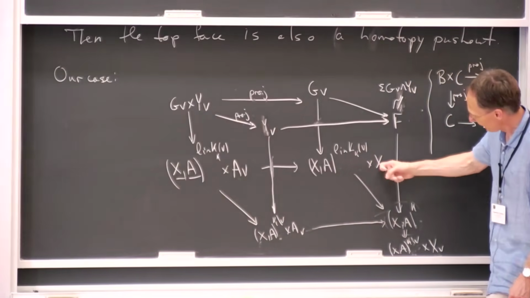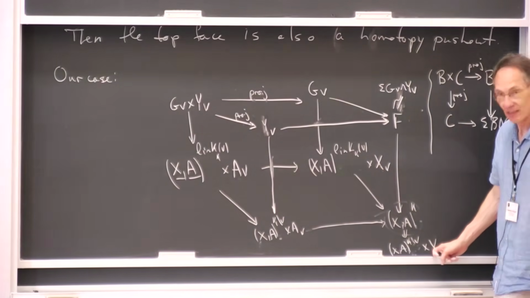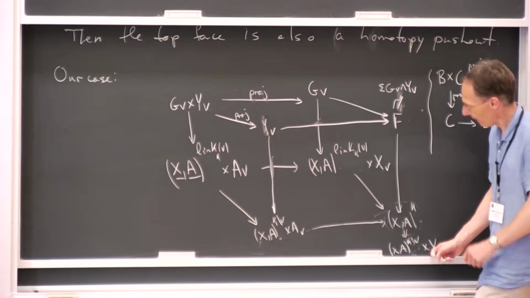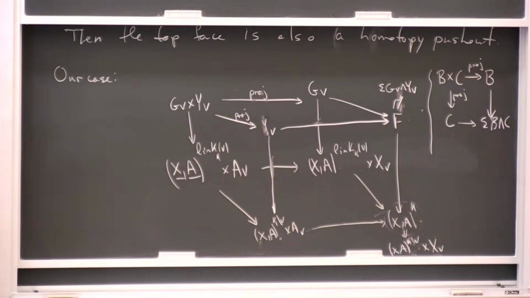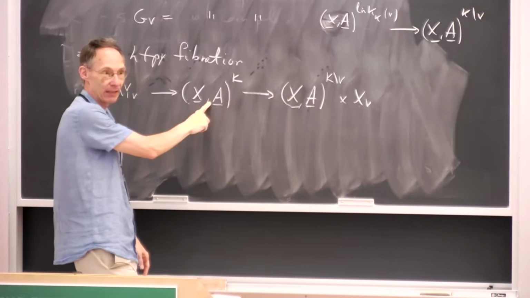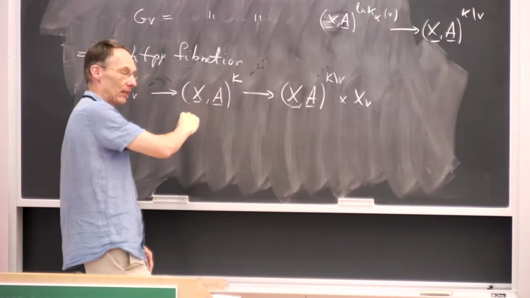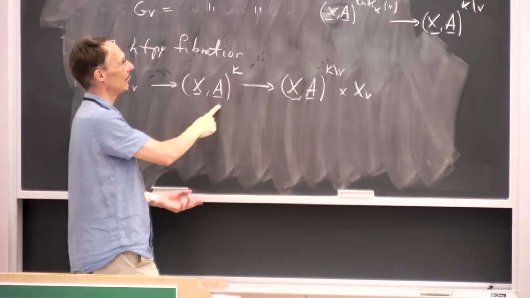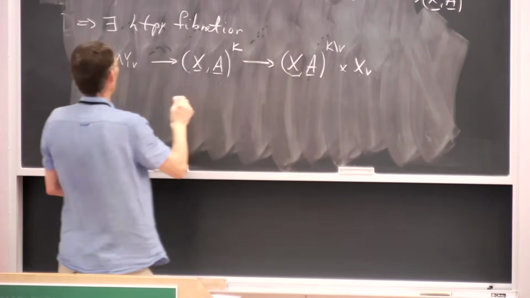On this side, the X mapping in maps out identically to the X, so that has an inverse. So both of the individual factors here retract off this. If you could multiply them together, the whole thing would retract off. This is not necessarily an H-space, so you can't do that, but you can after you loop, and then I would split the fibration.